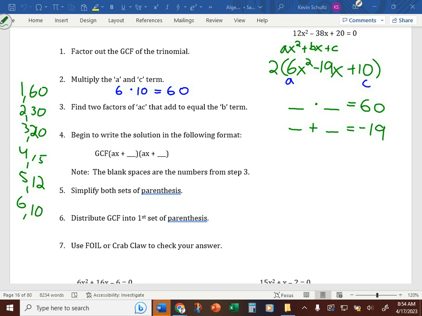Paisley. 4 and 15. Winner. 4 and 15 is the only factor pair that gets us to both positive 60 and negative 19. Now the question is how? Negatives, okay? Negative 4 times negative 15 is positive 60. Negative 4 plus negative 15 is negative 19.